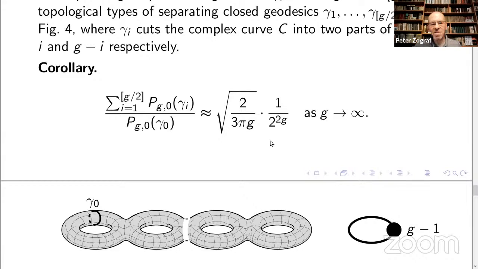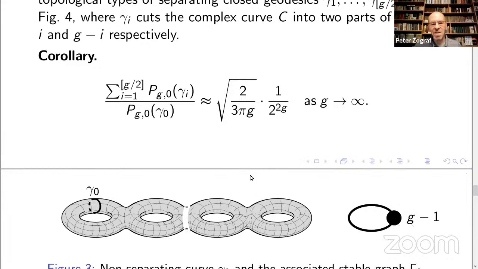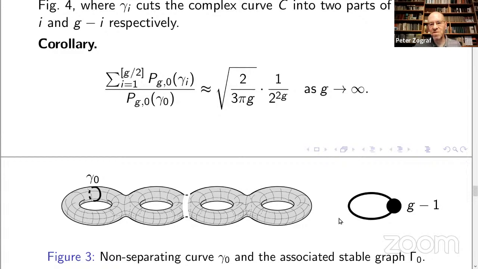So on the left, there is a complex curve with a non-separating geodesic gamma_0. And on the right, there is a corresponding stable graph. It has one vertex, one edge, and the vertex is labeled by g minus 1.